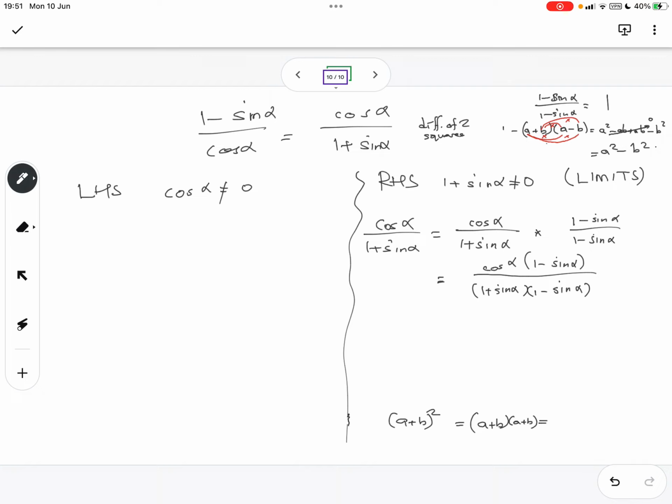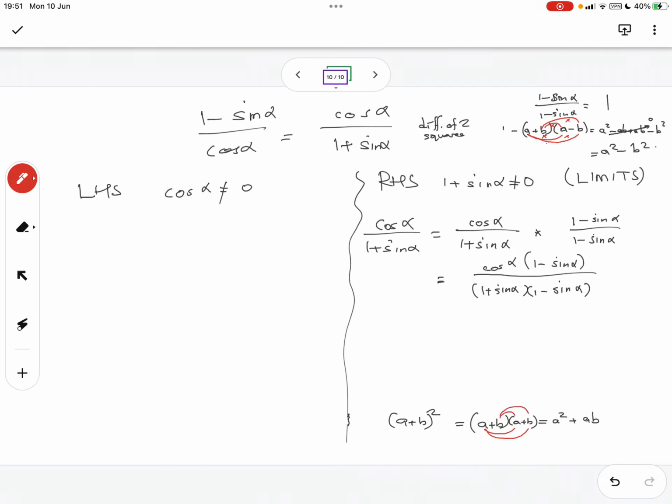And this is the same as a plus b squared. And this is not the same as a squared minus b squared or a squared plus b squared. They're not the same thing. All right? So I'll just erase that and we'll start here.